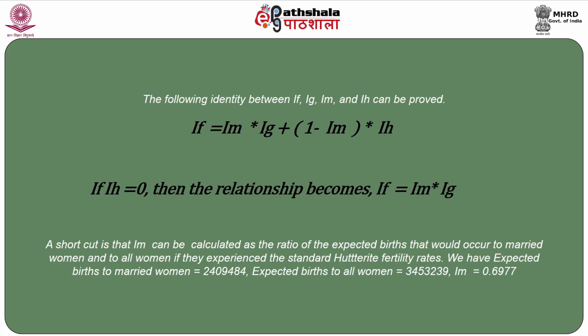The figures are given here for expected births to married women and expected births to all the women. Using that data, you can derive Im. Im works out to be 0.6977 for Kerala.